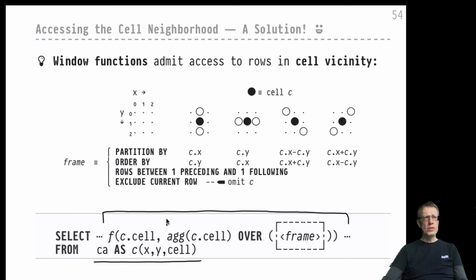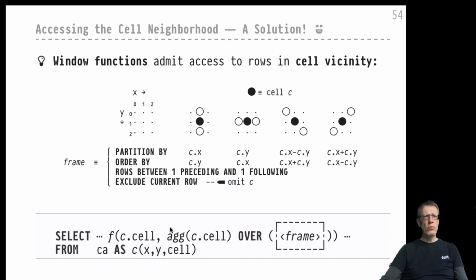We use this aggregate to abstract from the specific way in which the CA reads the neighborhood and processes the state of the cells in the neighborhood. And we use the function f to abstract from the details of how the state of the current cell and the aggregate state of the neighborhood are used to compute the new state of C. What defines the neighborhood?